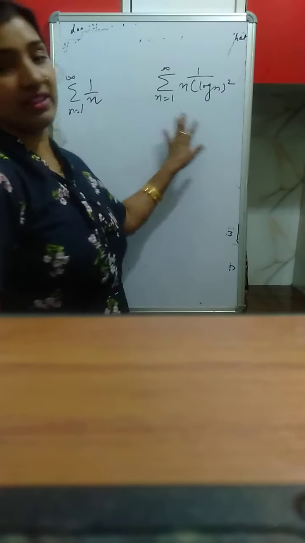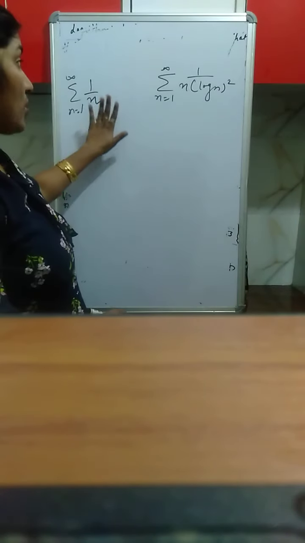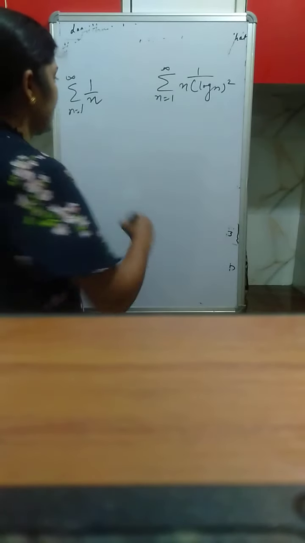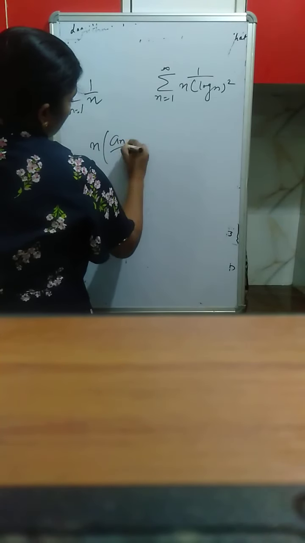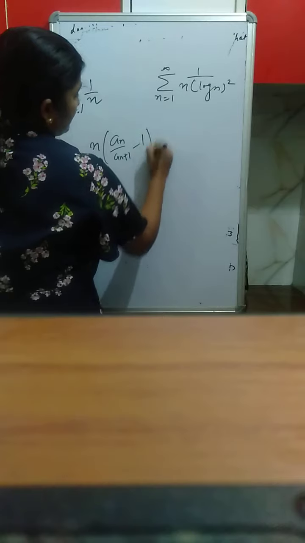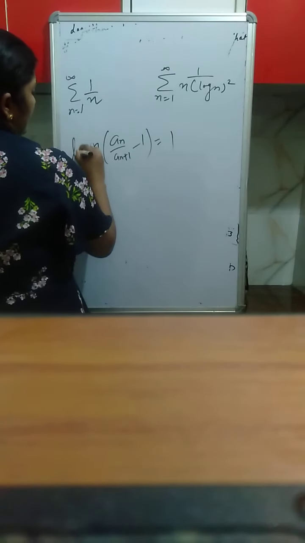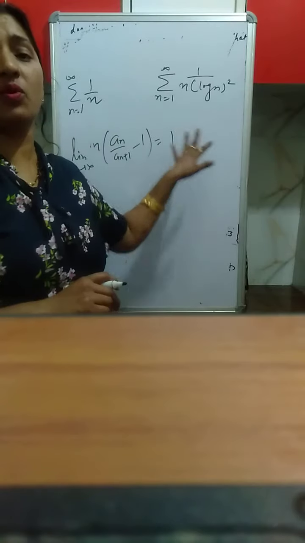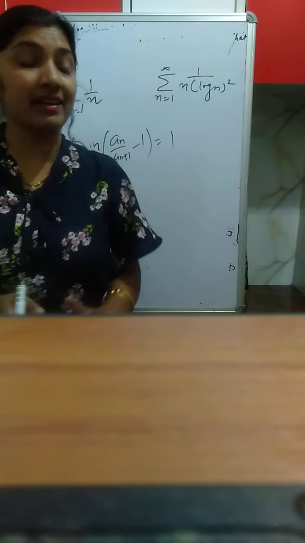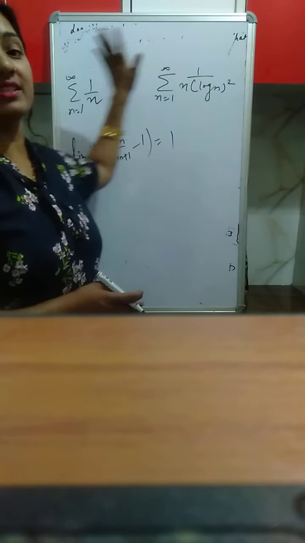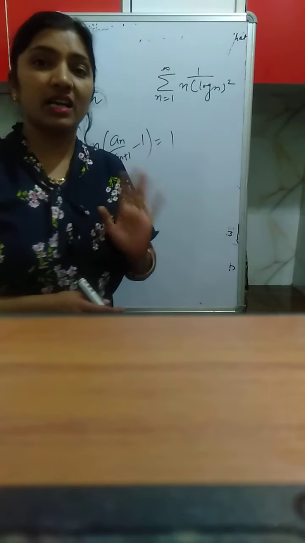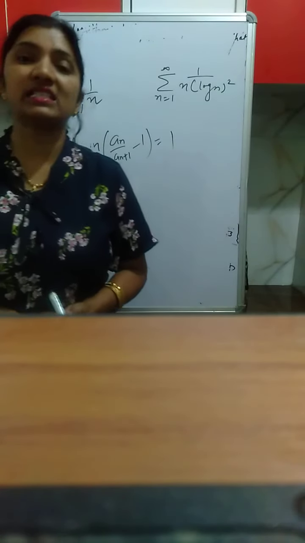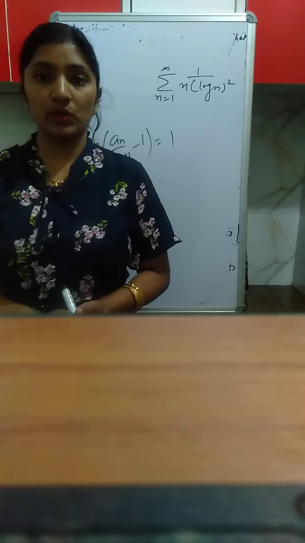You can check with the help of Raabe's test both limits, n into An upon An plus 1 minus 1. These both come out to be 1. In this case also both the limits come out to be 1, but one series is divergent, another series is convergent, and therefore the test fails when L is equal to 1.